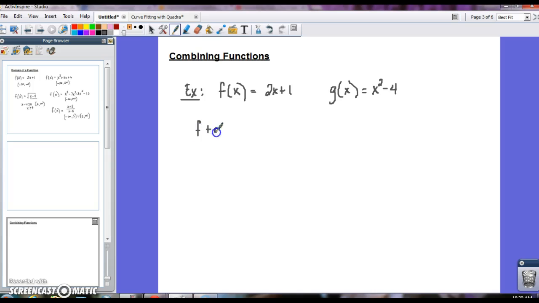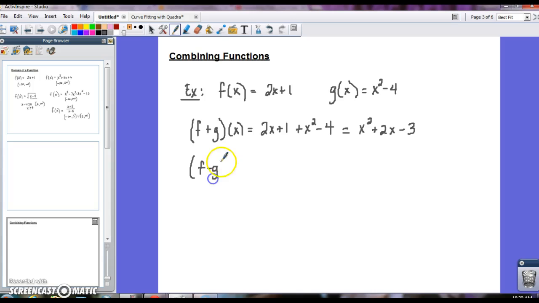All that means is that I'm adding my two functions together, so 2x plus 1 plus x squared minus 4, and that would give me x squared plus 2x minus 3. Pretty straightforward.